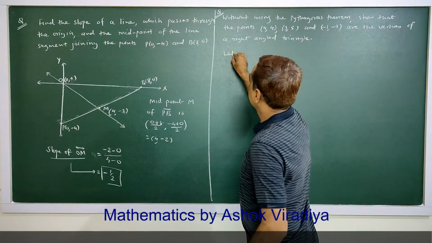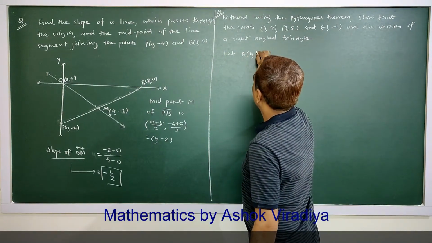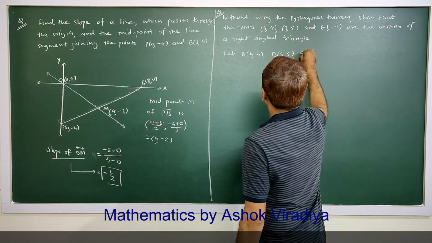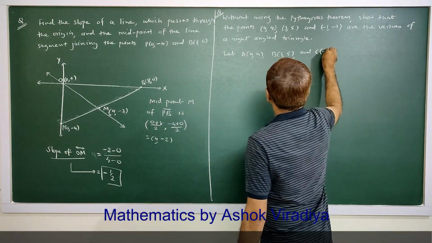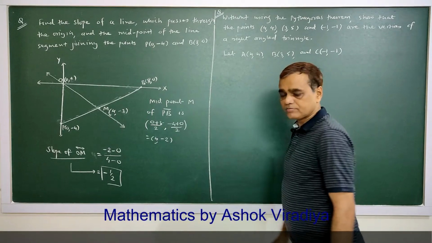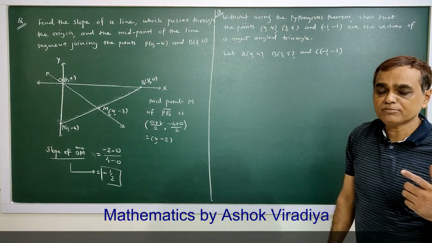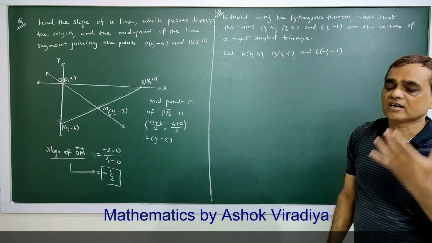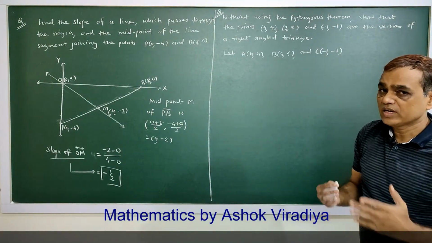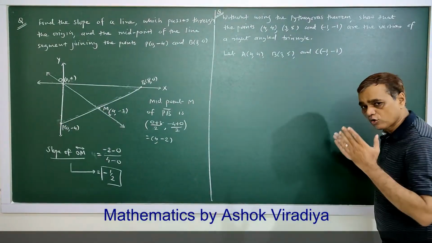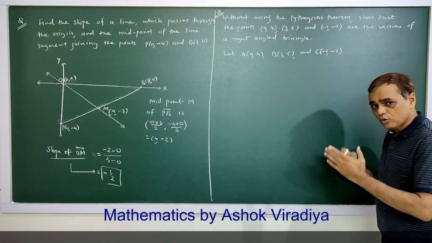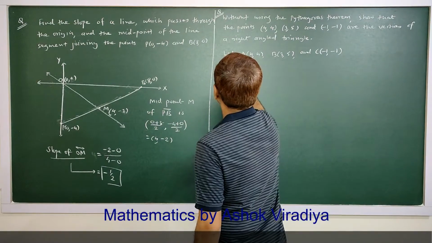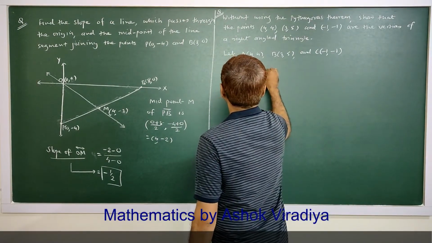Let me say A is (4, 4), B is (3, 5), and the third point we call C. These three points are the vertices of a triangle. So let me find the slopes of the sides. Slope of line segment AB.